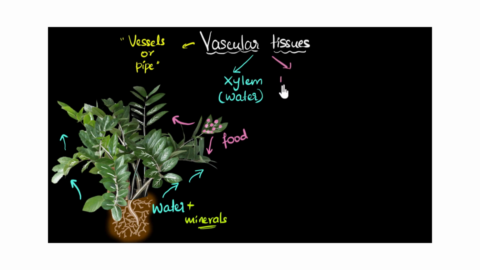Oops, it's phloem. And this one transports food, mostly sugars, but it can also transport other things like hormones, amino acids, and other stuff, but mostly food. And the way I like to remember this, I remember watching this in some YouTube video, I like to remember this as F for food and F for phloem.